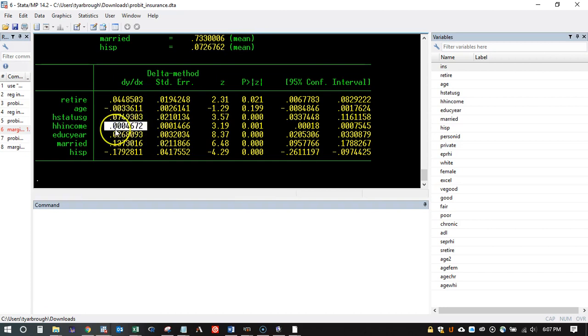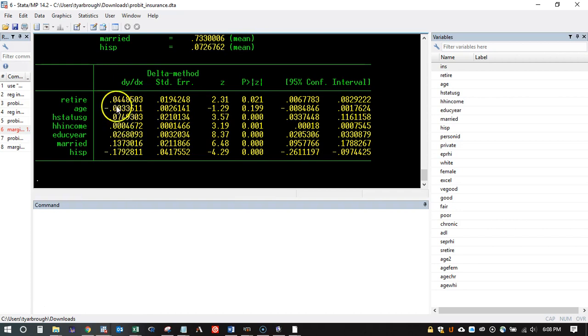We see that for every dollar in household income, we get a small marginal change in the probability that someone has health insurance. We see that education has a 2.6 or 2.7% increase in the probability that someone has health insurance. And then the biggest effect, which is perhaps not surprising, we see that being married increases your chances of having health insurance, having purchased health insurance by almost 14%.